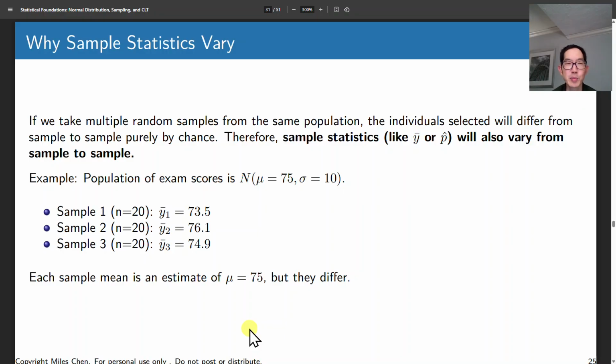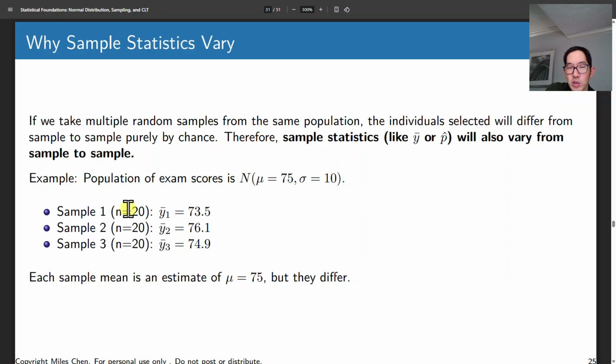If you take multiple random samples, the individuals selected in each sample are going to be different, and so your sample statistics are going to vary from one sample to another. Let's say in the population, exam scores are normally distributed, and probably not, but let's just say in this example the scores are normally distributed where the mean is 75 and the standard deviation is 10.